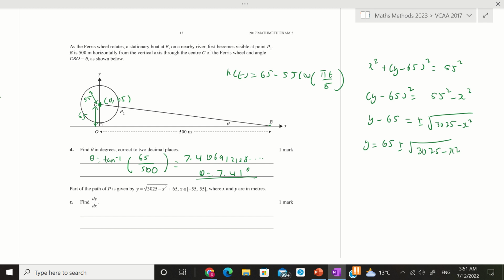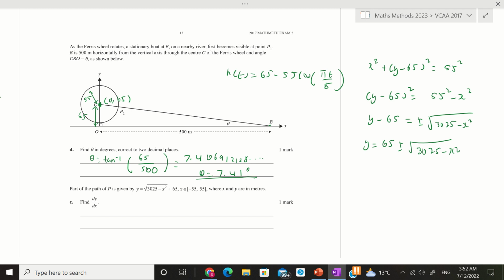Okay, so what does that mean? Well, what we should know is that when we have a circle, our circle is a relation, because it's not really a function: it doesn't pass the vertical line test, nor does it pass the horizontal line test. When I express it explicitly in terms of y, the reason I get 65 plus something and 65 minus something is that I'm trying to express it in terms of two separate functions.